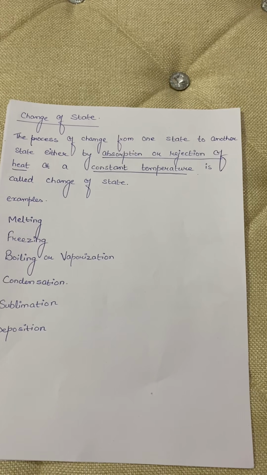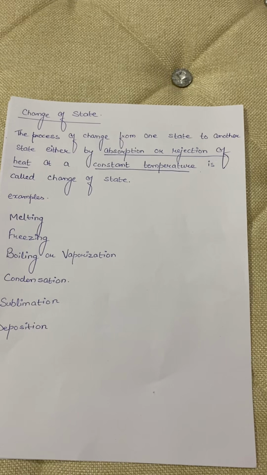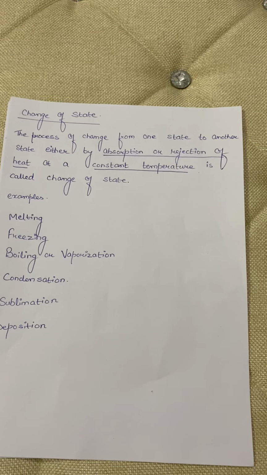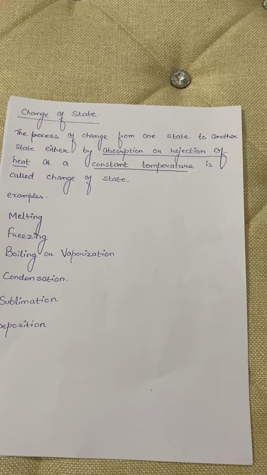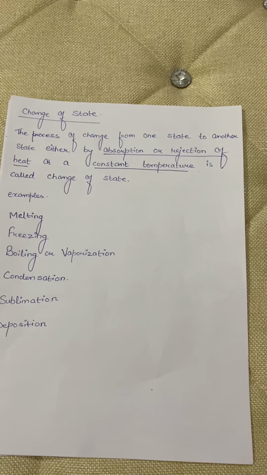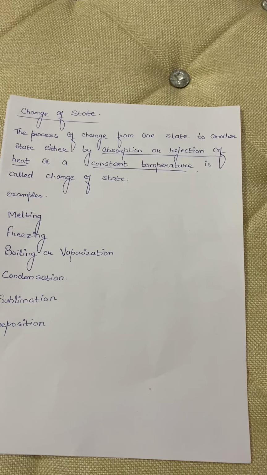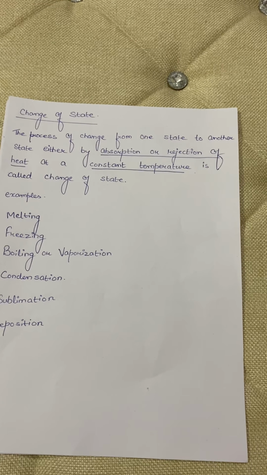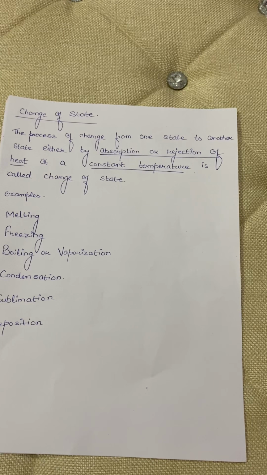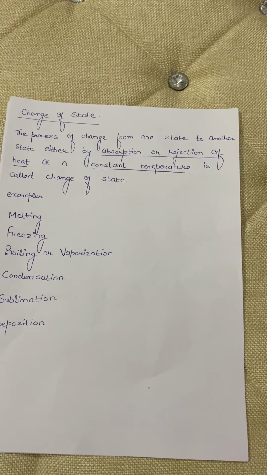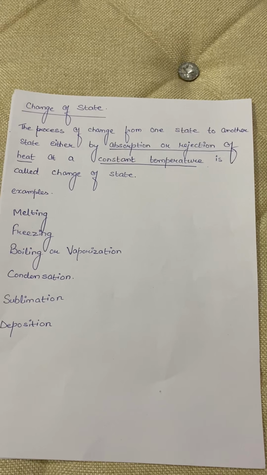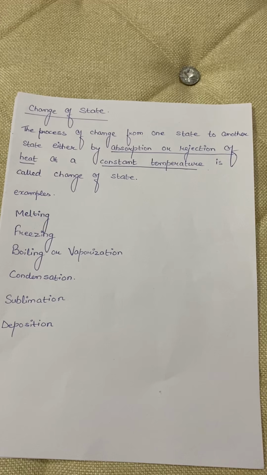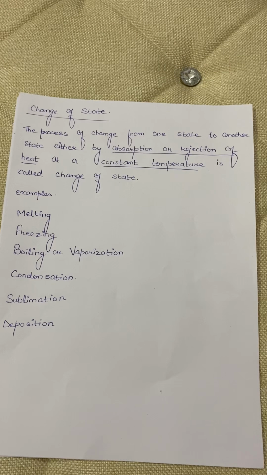Now, the important concept over here is that the change of a state of a substance always occurs at a fixed temperature, and during that process the quantity of heat which is either given to or taken away from that substance does not cause a change in its temperature. This heat is called the latent heat or the hidden heat.